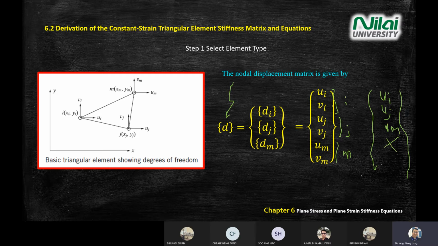We have to go point by point, meaning point I has two displacements, point J has two displacements, point M has two displacements. Don't make the mistake on the right-hand side that is right here. We are quite consistent with our previous chapter also. We go point by point.